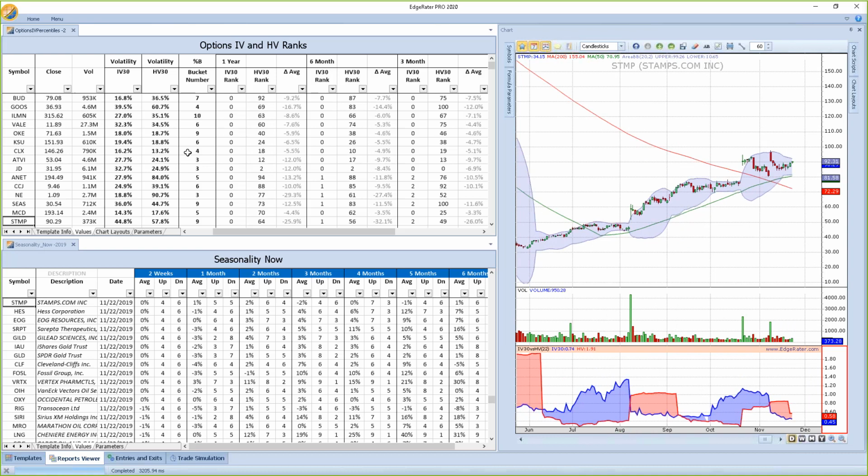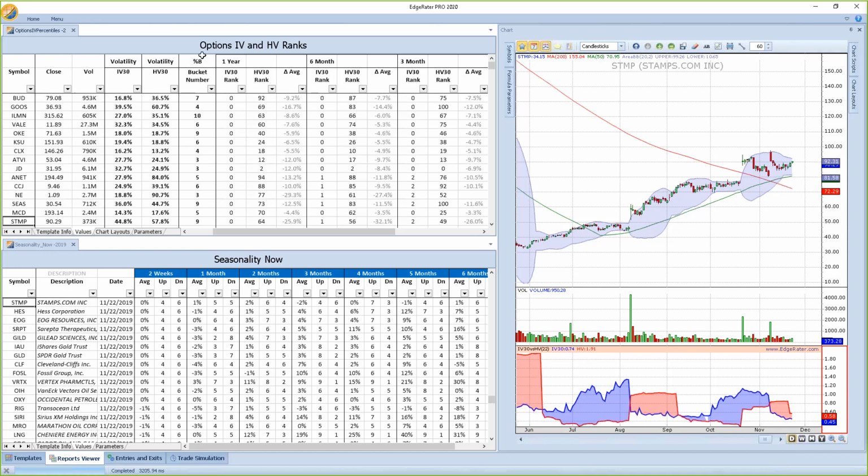I don't know how many people modify templates, but it is actually straightforward and recommended to, if you have a specific thing you're looking for. In Dave's case, he was looking for the difference between historical volatility and implied volatility. That's really just a calculation this template could very easily do.